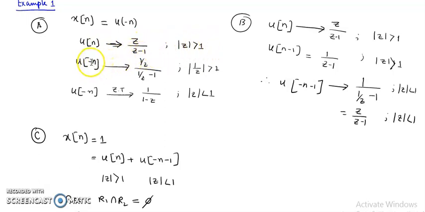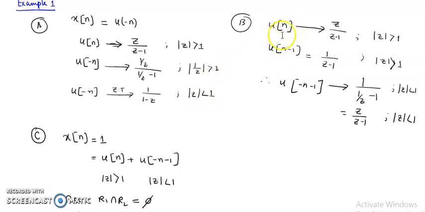If you put minus n here, due to the time reversal property we can replace z by 1 by z, and in the ROC also we use 1 by z. So we can write the z transform of u[-n] as 1 by 1 minus z. By solving this we can get this, and since mod 1 by z is greater than 1, mod z will be less than or equal to 1.